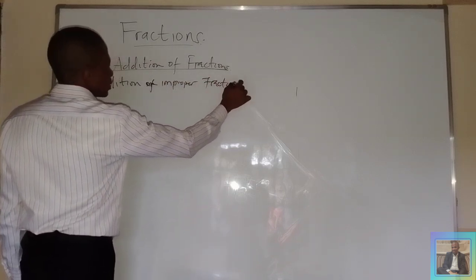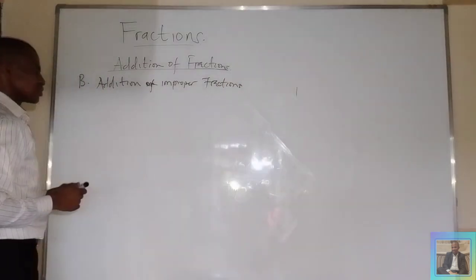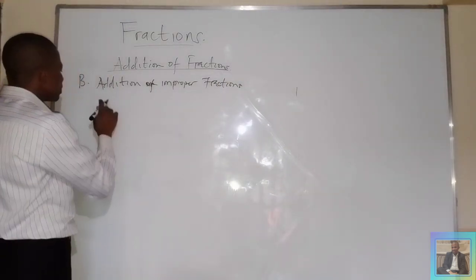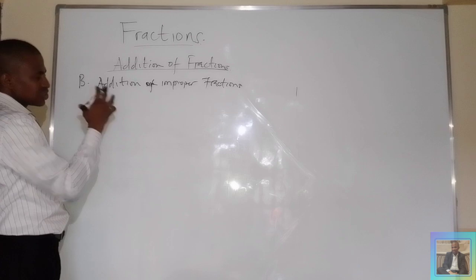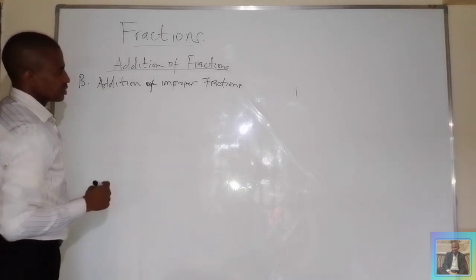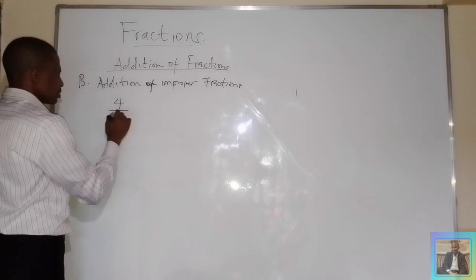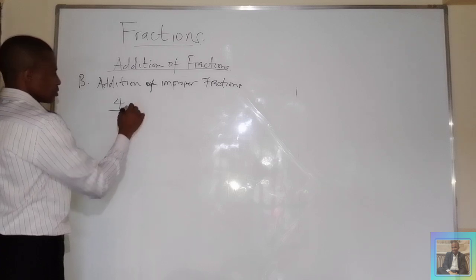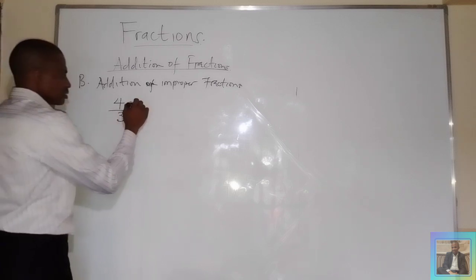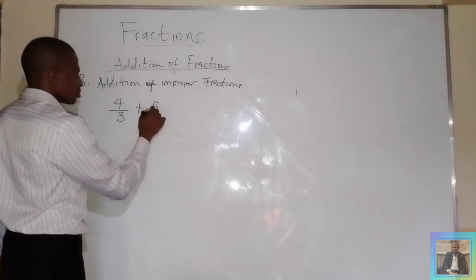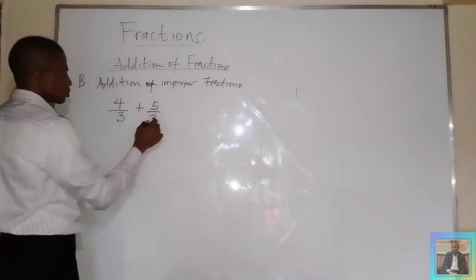We have earlier said that improper fractions are fractions where the numerator is bigger than the denominator. The numerator is bigger than the denominator.